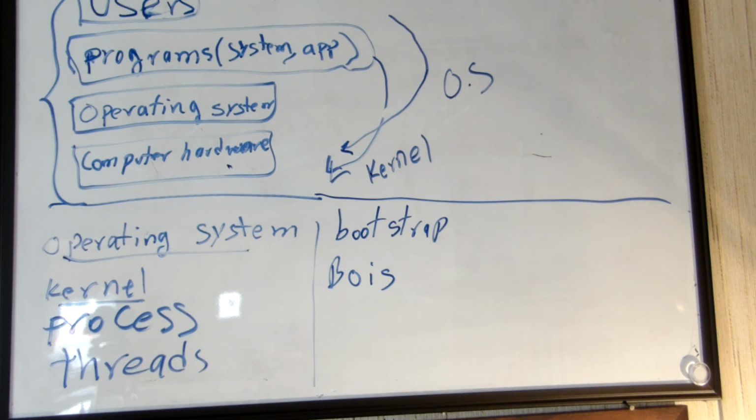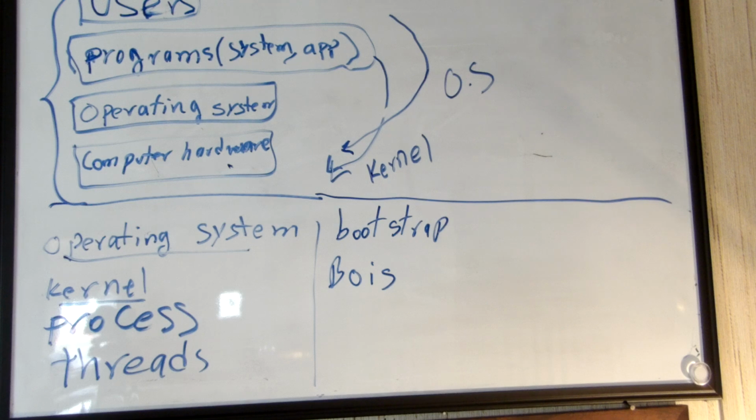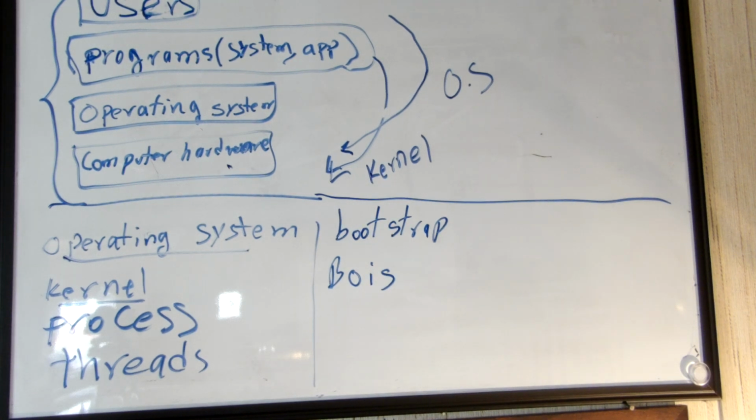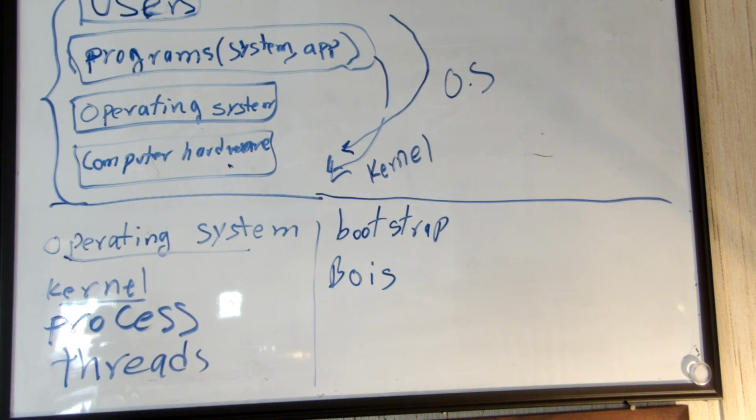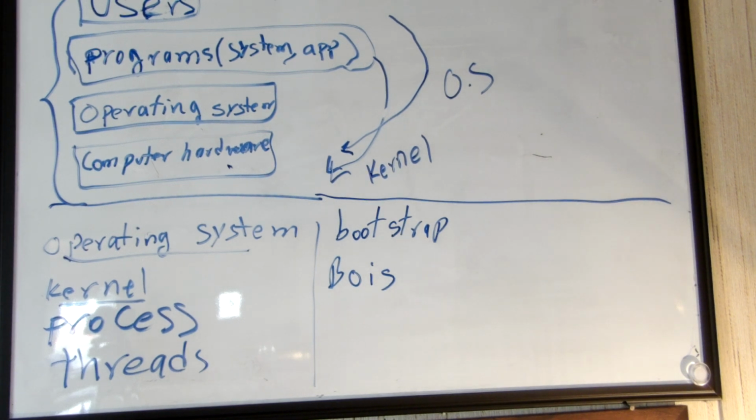There are some other programs like Bootstrap. What does Bootstrap do? It is the initial code that runs when the computer is powered on. The Bootstrap program loads the operating system into the computer system.